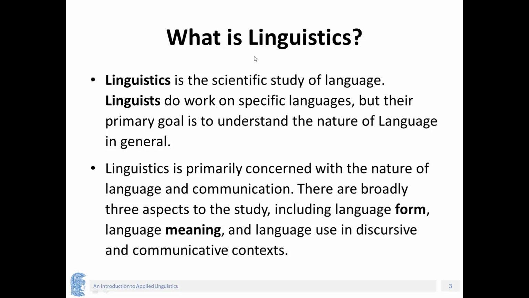Shall I ask you a question? Out of these three areas, as you think, what is coming under applied linguistics?